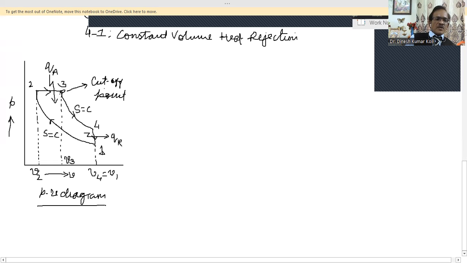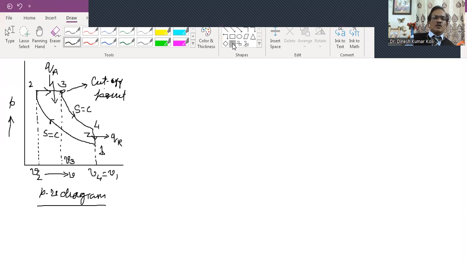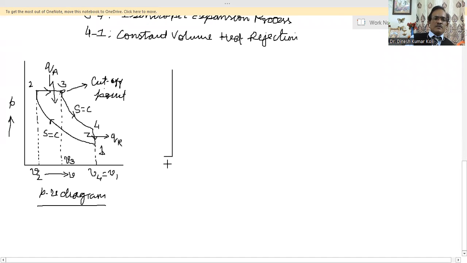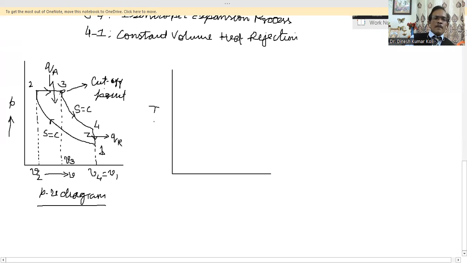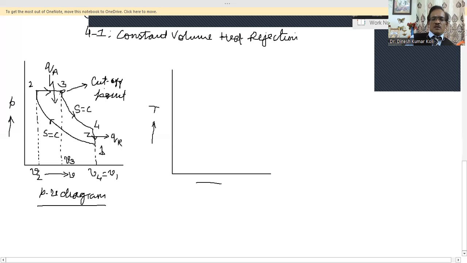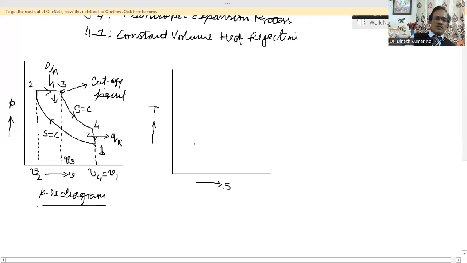The same cycle can also be represented on the TS diagram. On the vertical axis there is the temperature and on the horizontal axis there is the entropy. The first process is 1 to 2, isentropic compression.